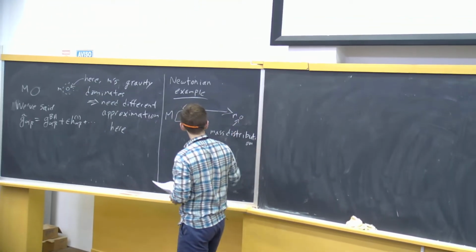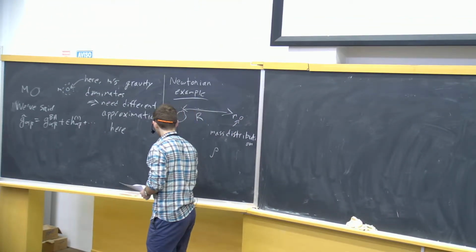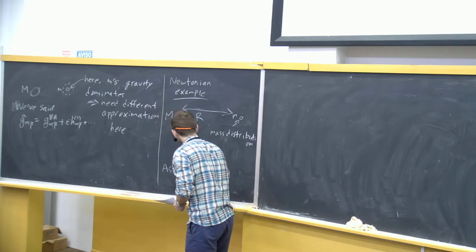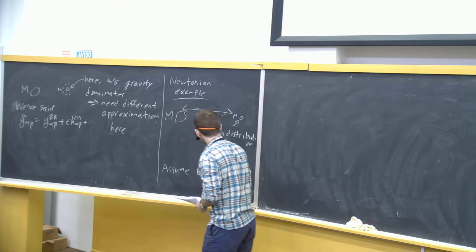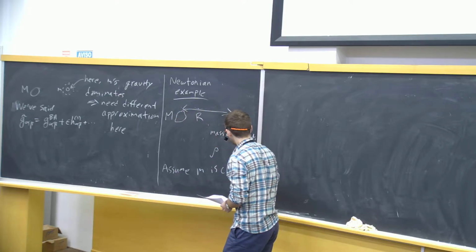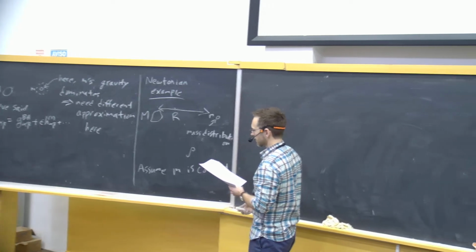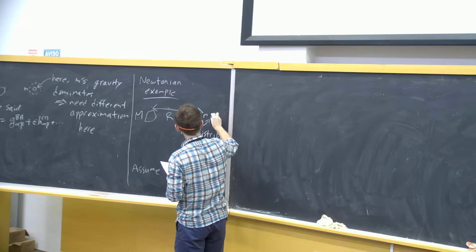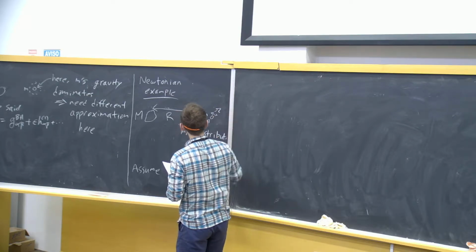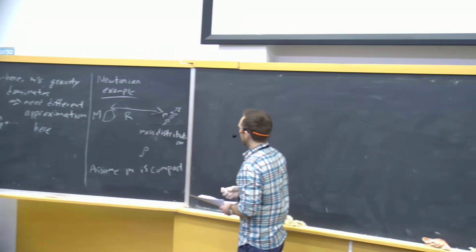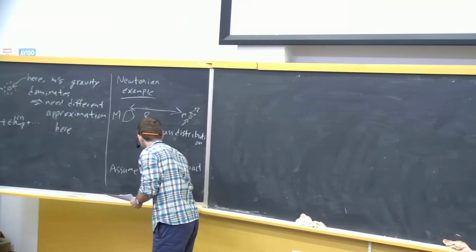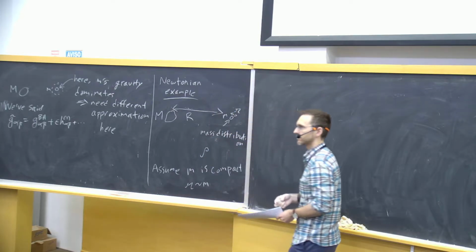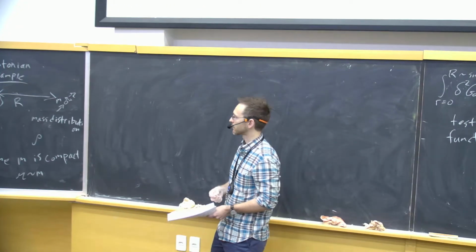First, let me specify that the small object is compact. So assume M is compact, meaning that its size, we write the size as script R, that size is the same as its mass, or the same order as its mass in geometrical units.